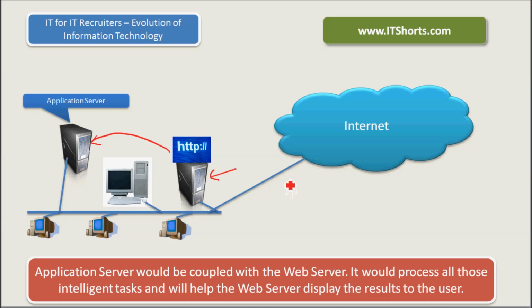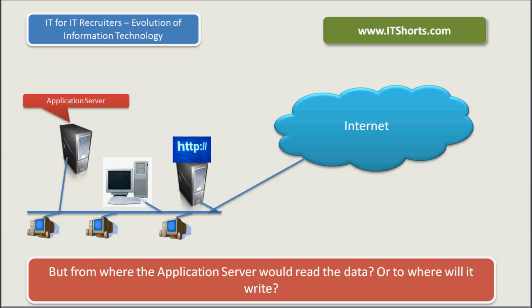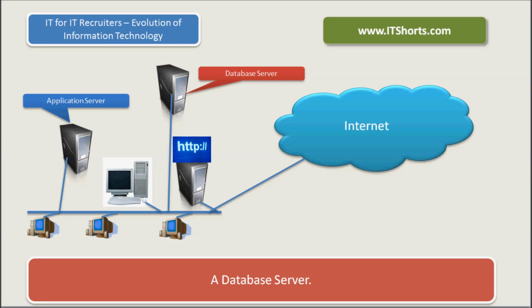Okay. So things are fine. But then the next question is, from where would the application server read the data, or to where will it write? So this is where a database server comes into the picture.